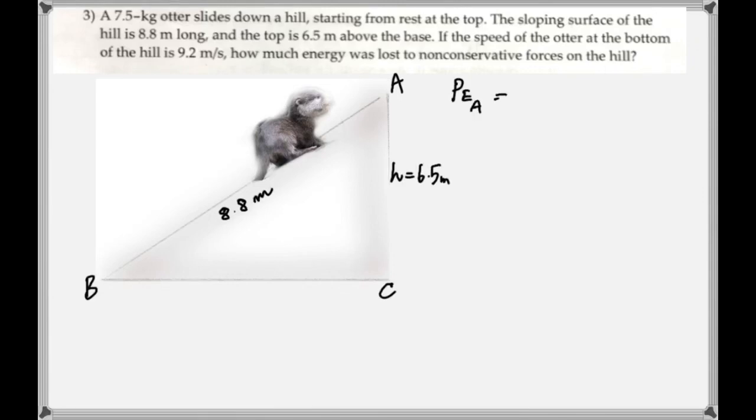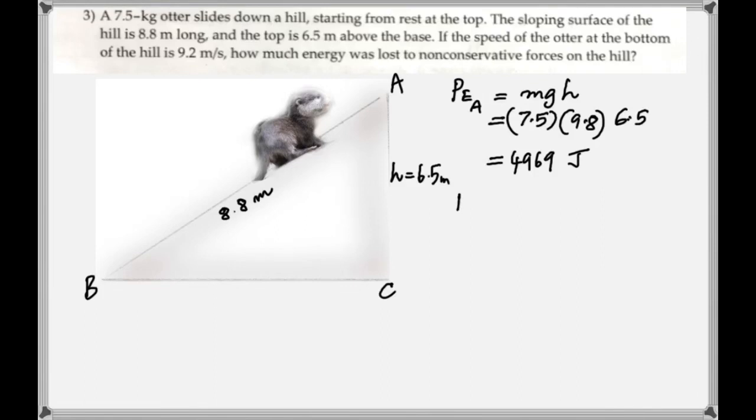So the height, you have the distance, potential energy is mgh, and calculate that quantity, 4969 joules. And now find the kinetic energy at the bottom, which is 1/2 times mass times velocity squared.